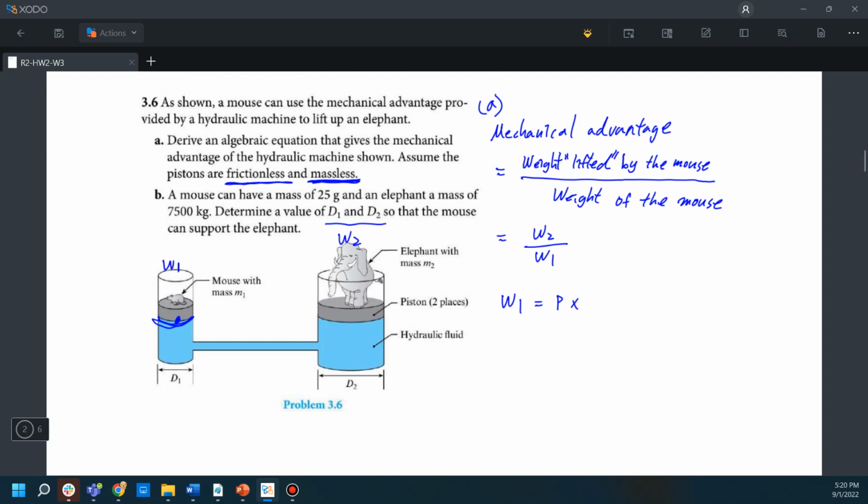The area of a circle is pi r squared, which is equal to pi times (d over 2) squared. So when we multiply this out, it will be pi d1 squared divided by 4.